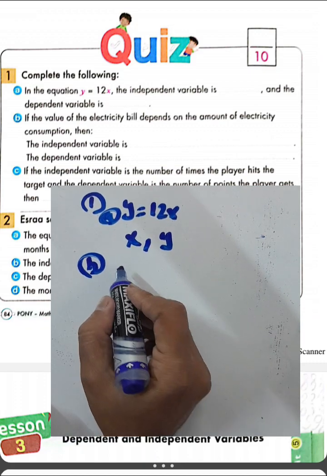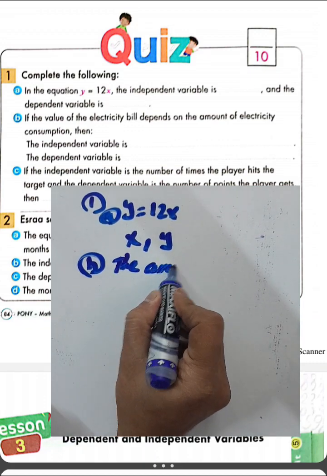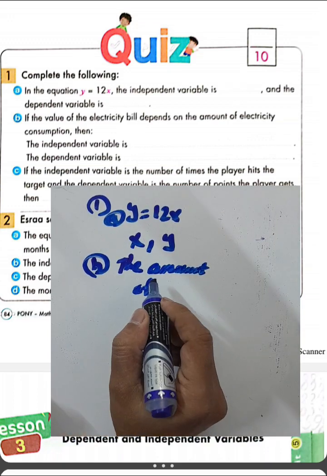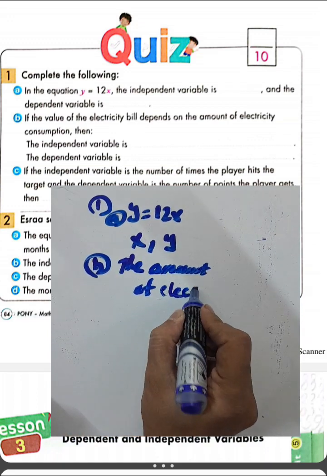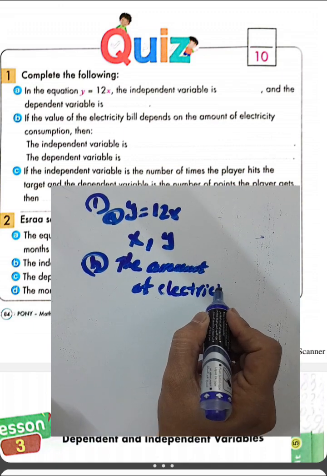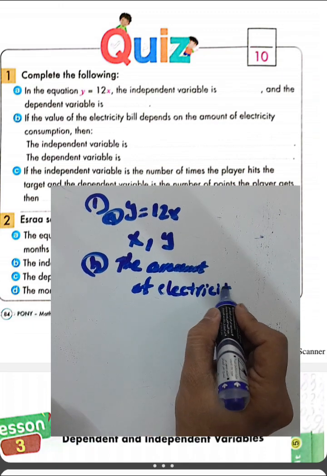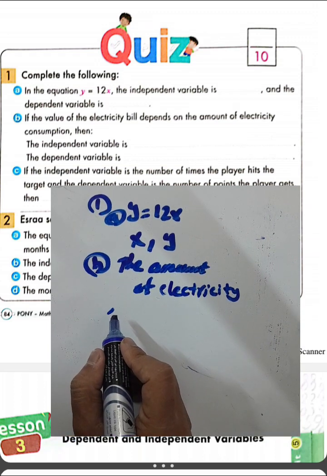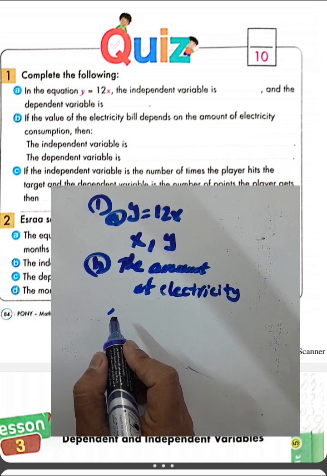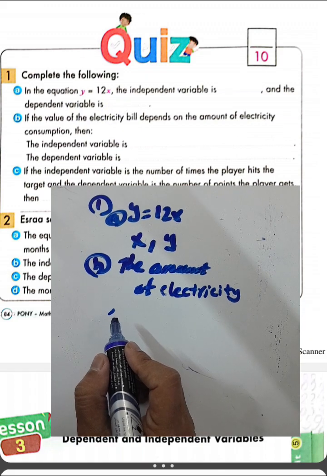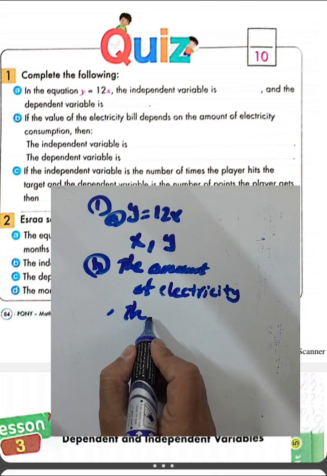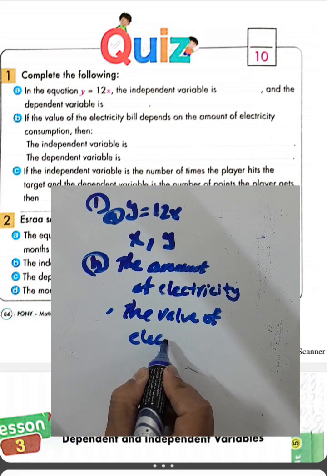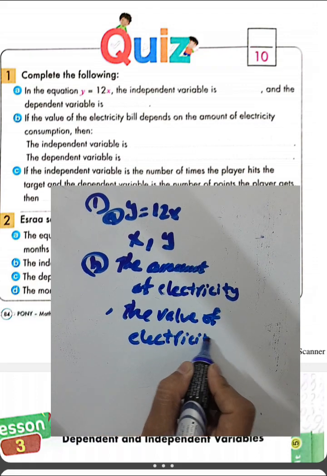The amount of electricity. And the dependent here will be the value of the electricity bill.